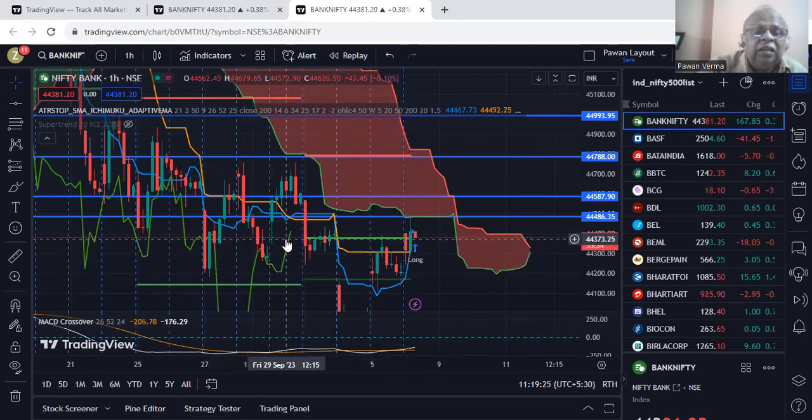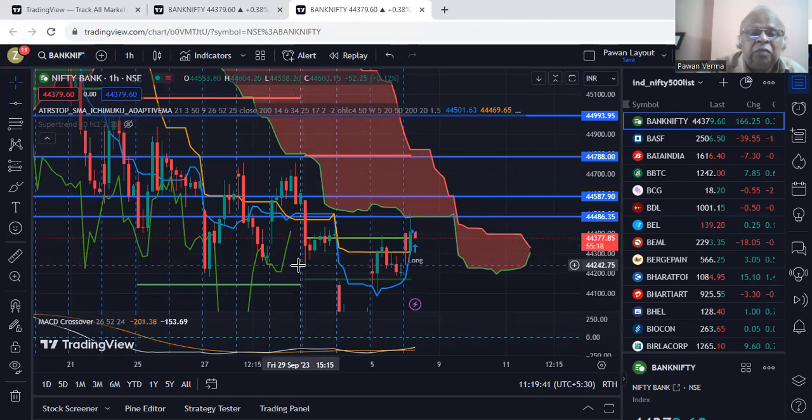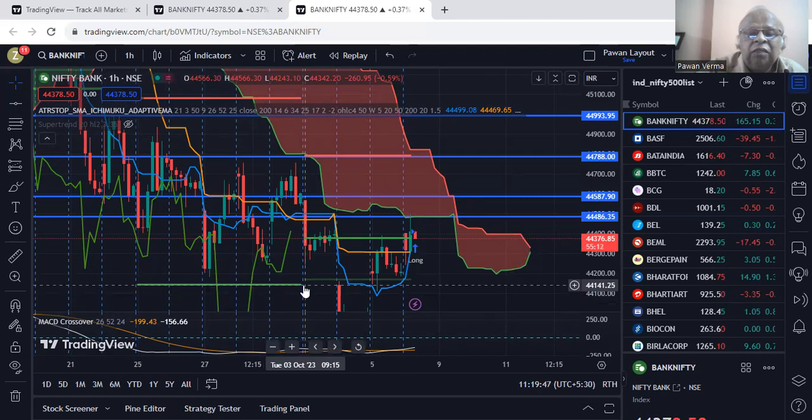Secondly, if the Chikou span cuts the Tenkan-sen or Kijun-sen and the resistance is given by the price, then the Chikou span will move down to the level of 44,141, where the Bank Nifty can get support. So the probability of a downward move in Bank Nifty is quite high right now. But wait for the confirmation first.